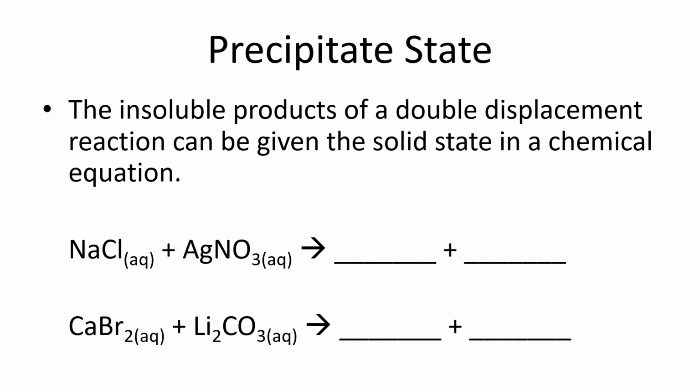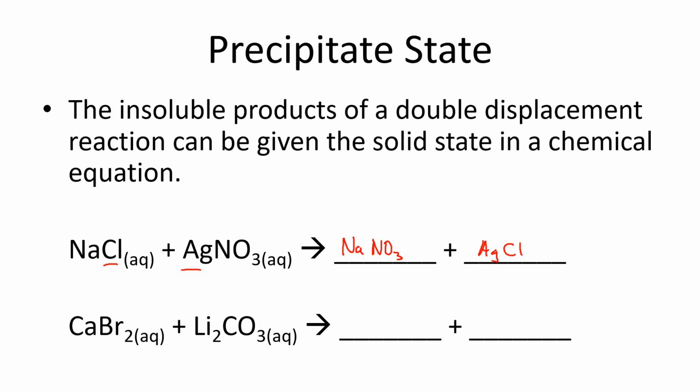All right, so once you can figure out whether it's soluble or not, then you can put the state on. All your insoluble compounds will be solids, and all the soluble ones, as long as there's some water around, will be aqueous. So let's see if we can work this out here. We've got sodium, and we've got nitrate from our double displacement, and then we'll put the silver with the chlorine.